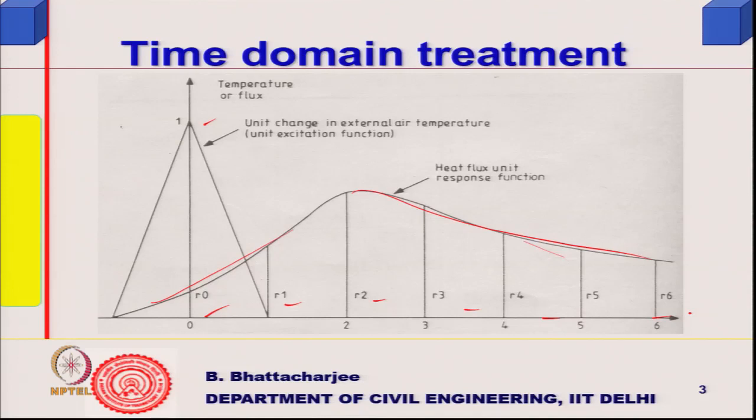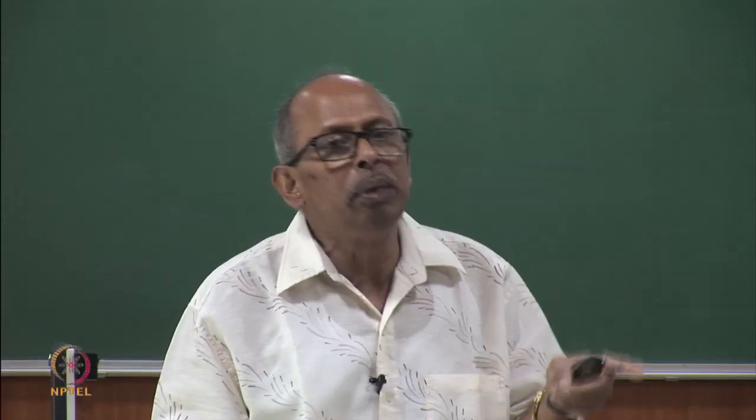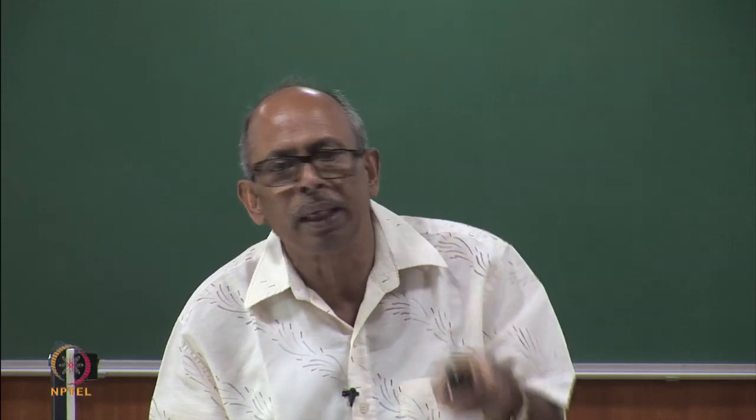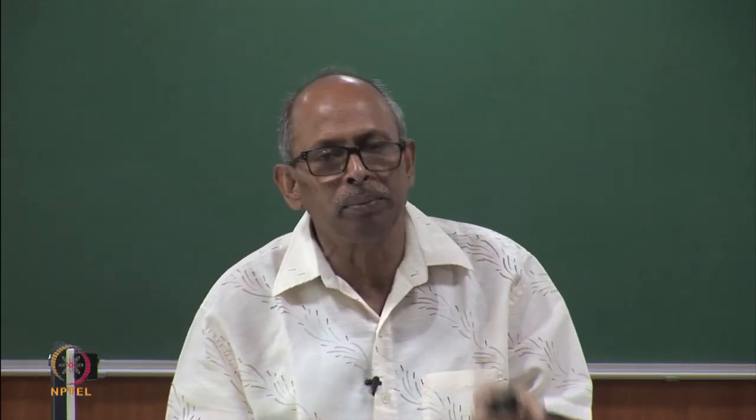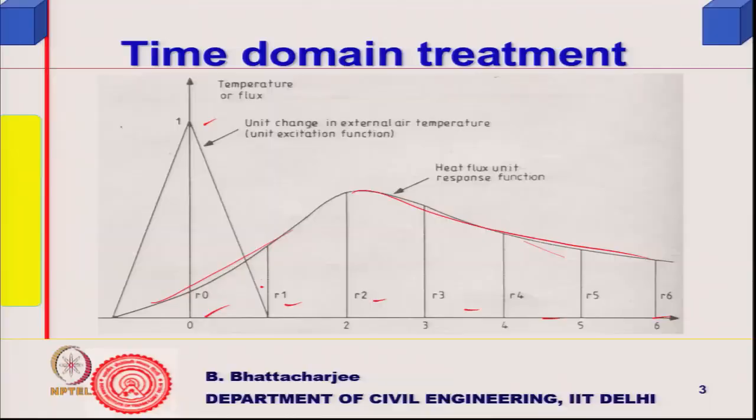Then it will die down gradually. If I have a unit triangular pulse, I can get a solution assuming the boundary condition is a unit triangular pulse of temperature, let us say, or heat flux, whichever I want, maybe temperature. So, I give a unit triangular pulse, and the response to this I can find out over the period of time.